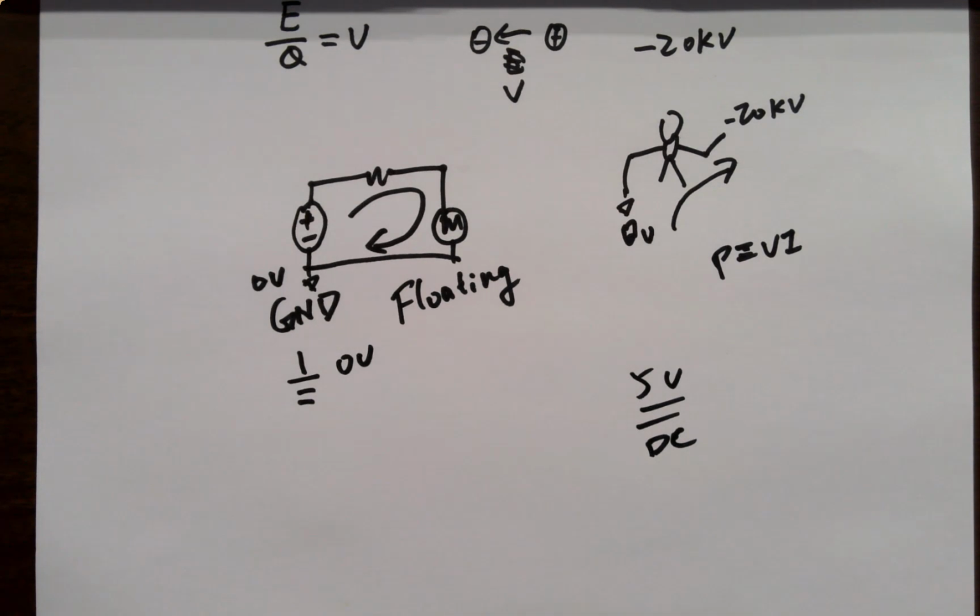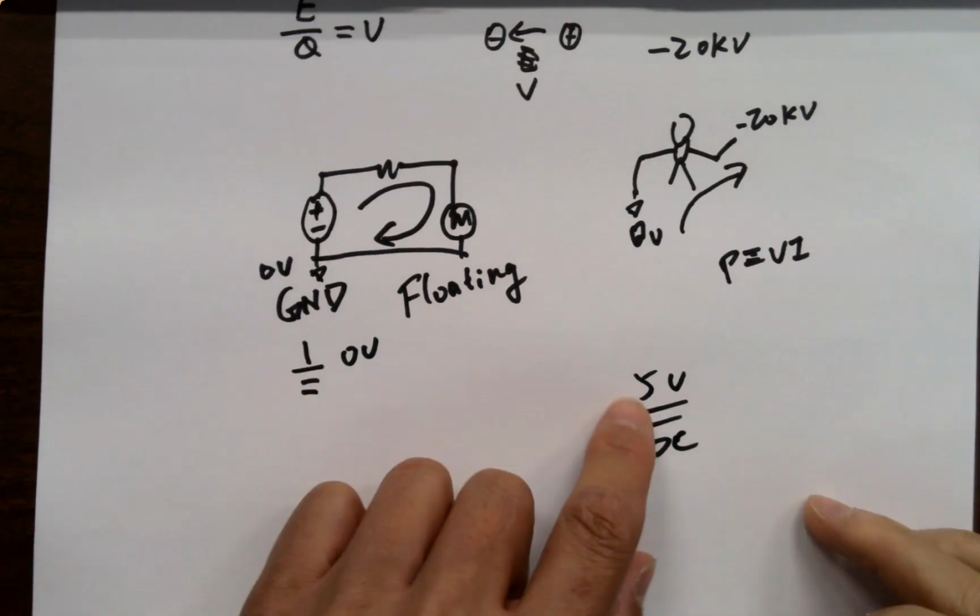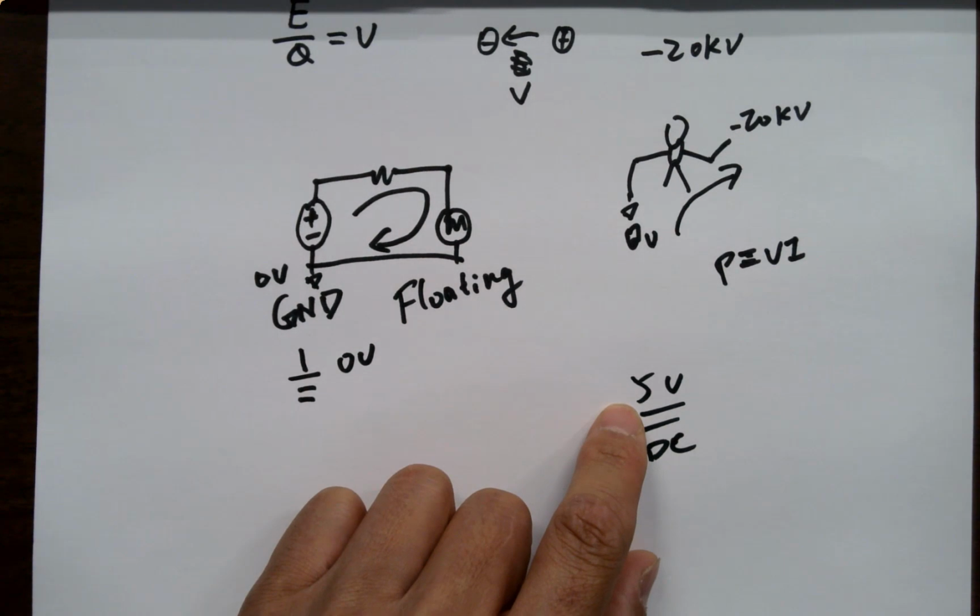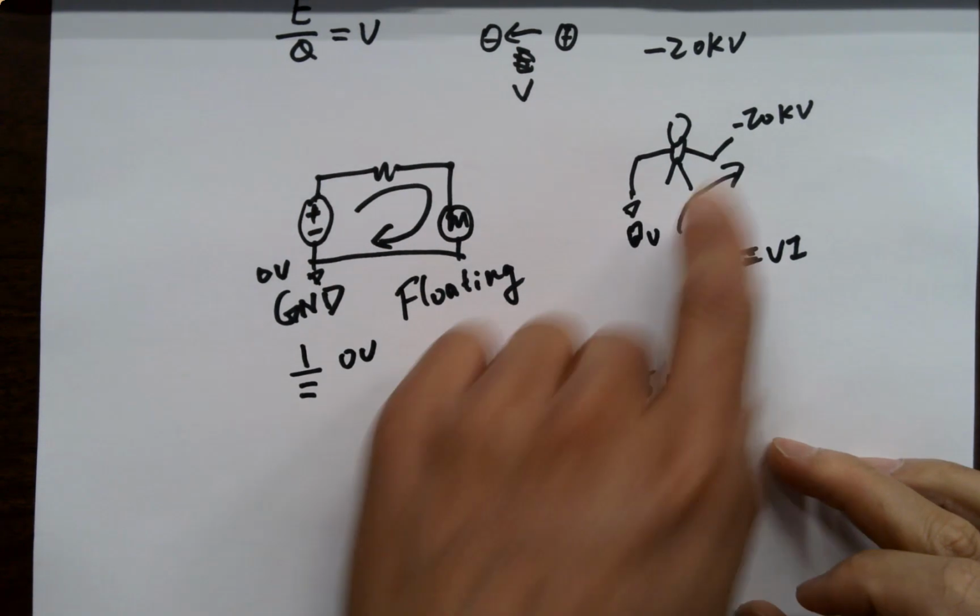So 3.3 volts, but we're still using USB to power it. It's fine because we have voltage regulators to step it down to 3.3 volts. Anyway, we can use USB cables at 5 volts and boost it to 20 kV.